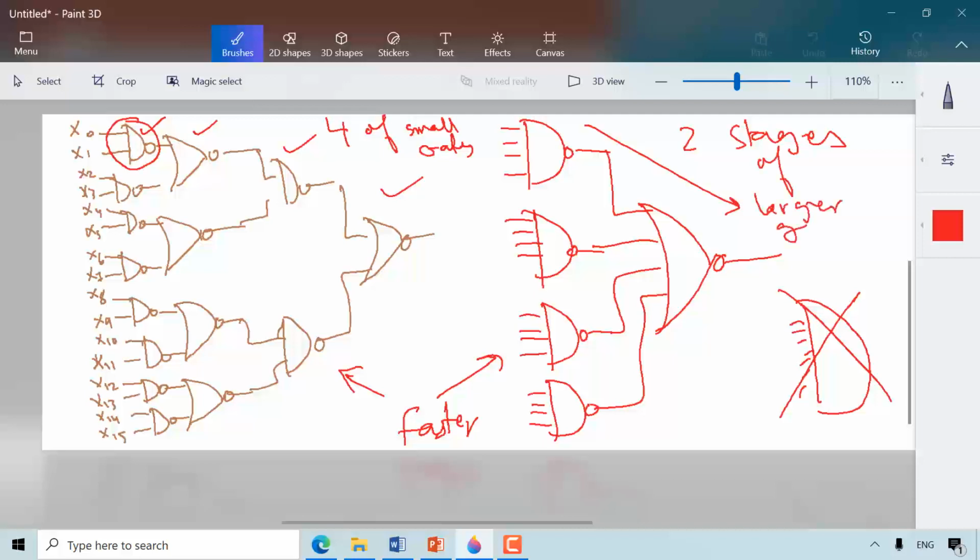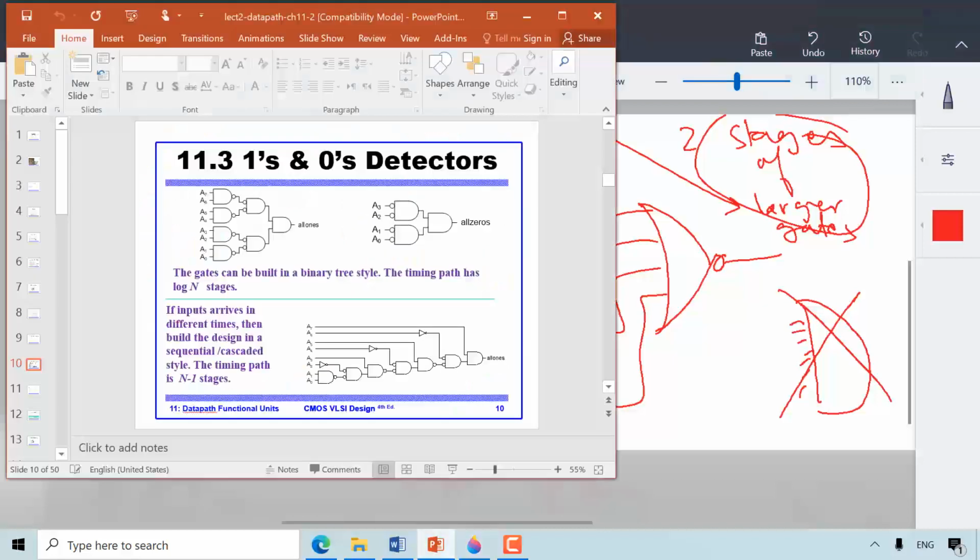All right, so who wins? You have to simulate. We don't know. You go to SPICE simulation and simulate them. I would guess probably, with good optimization, the 2 stages may win, but again, it really depends. So you have to go to SPICE simulation and simulate them. All right, so now let's go back to the slides here.